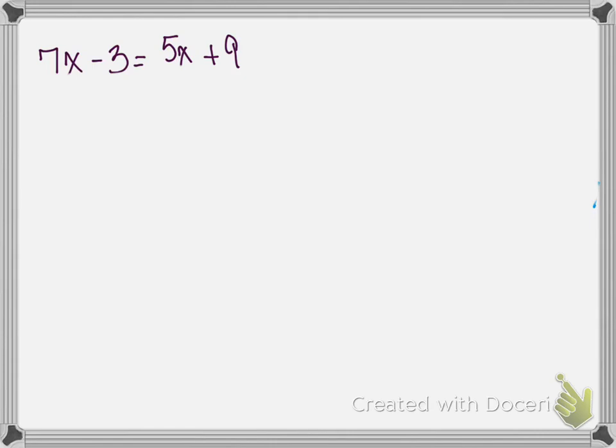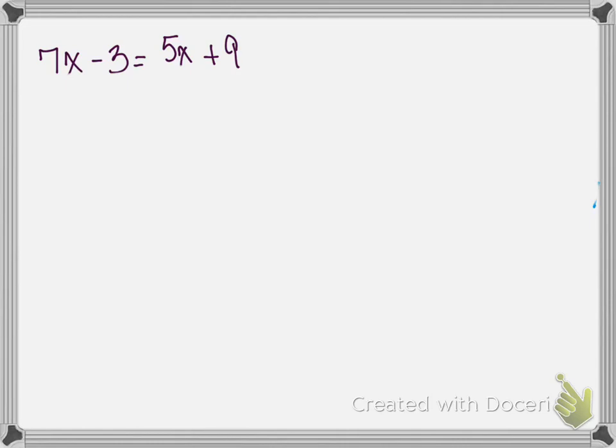The very first thing that you want to do here is you want to get the variable on one side. Okay? And this is where I'm going to start recommending moving to the left. Just go ahead and move it to the left. You're going to be happier if you get in the habit of moving it to the left. You don't have to, but inequalities will be better if you get in this habit.